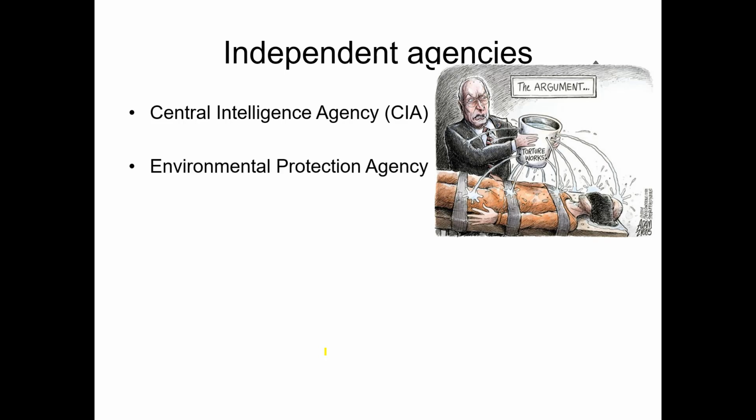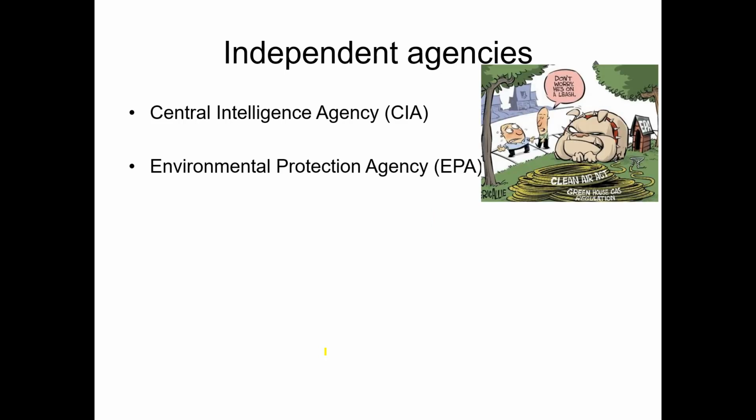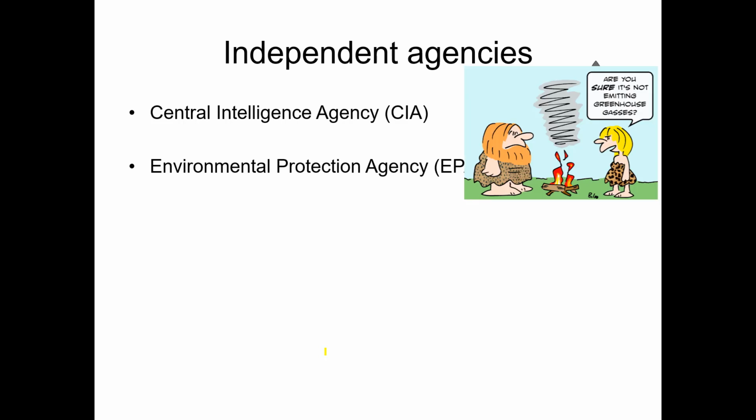Now, the EPA is also independent for a reason, because we want the EPA to tackle pollution, again, the social costs as a result of our industries putting out pollution or dirty air, dirty water, things like that. And we do not want the EPA to be guided by some department or other agency that's got a political agenda.